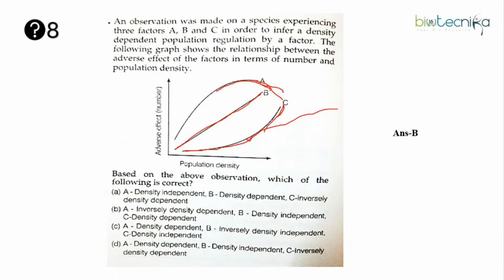So that's why we say that it is inversely density dependent, since we have an option here which says inversely. Okay? So, Suraj, Gayatri, yes, I'm very happy that you have tried, both of you.